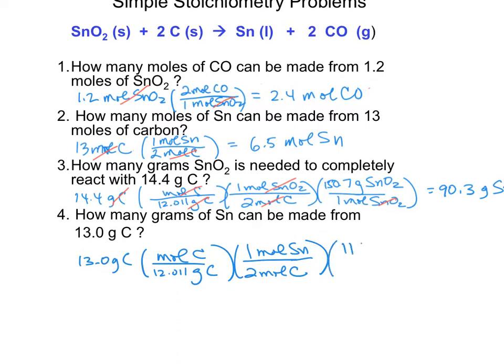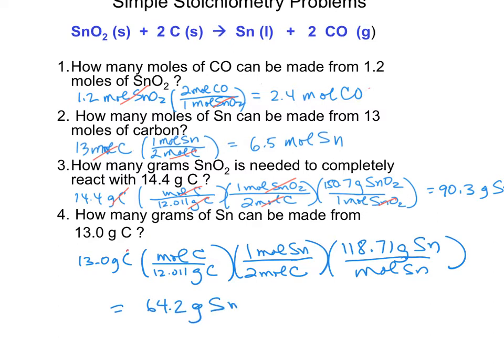The tin is 118.71 grams per mole. And so this one turns out to be 64.2 grams of tin. Let's just check our units. Grams of carbon cancel, moles of carbon cancel, moles of tin cancel, and we end up with grams of tin.